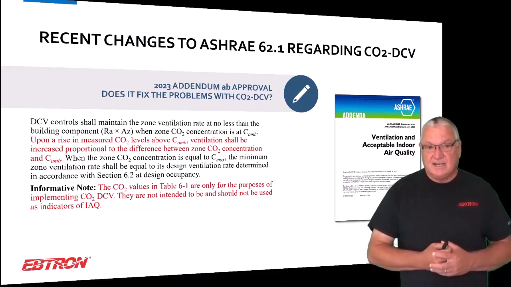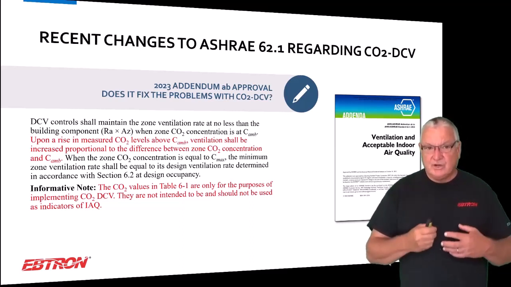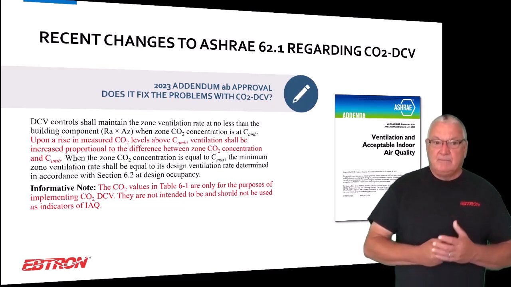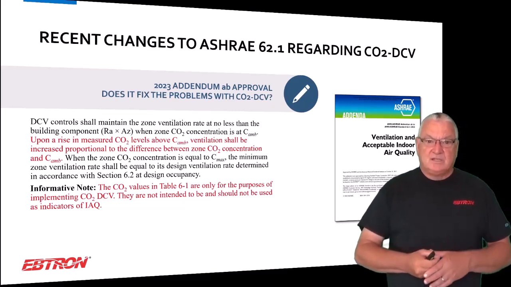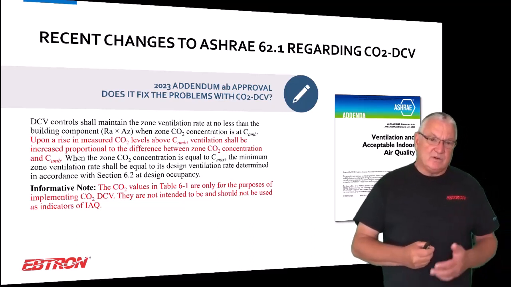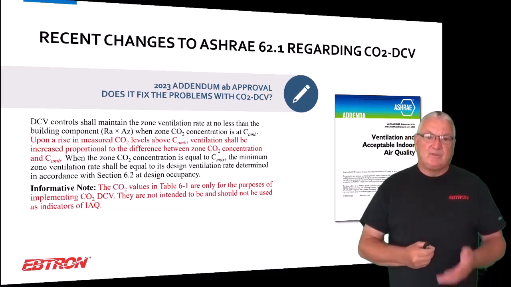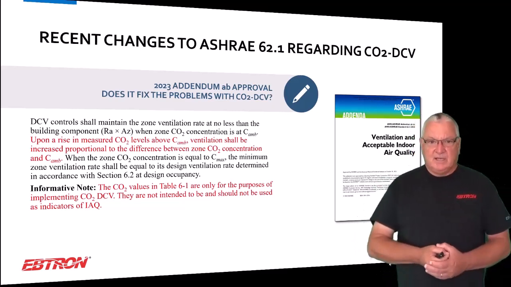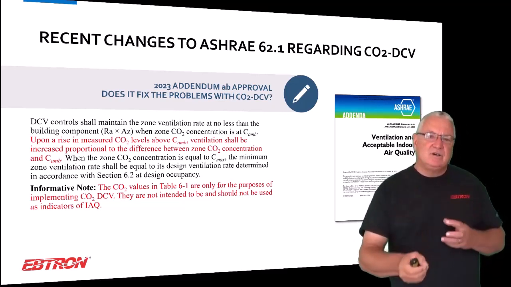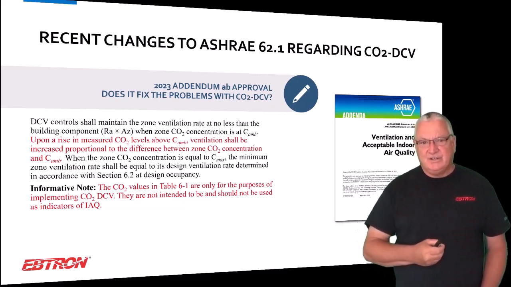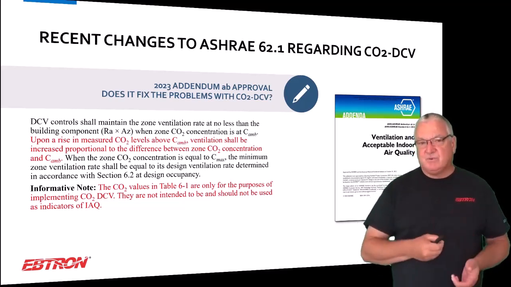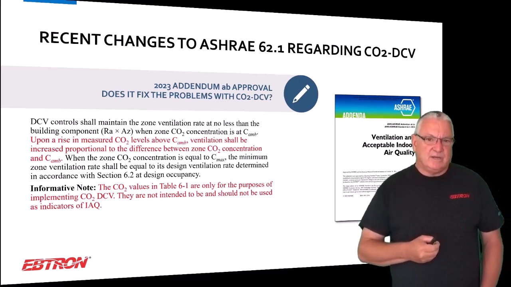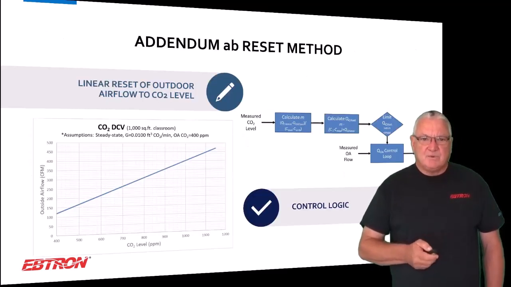It basically says that you're going to do a reset of the outside airflow rate based on the CO2 level, starting at the ambient or outdoor CO2 level up to what you expect the maximum design CO2 level to be. And it sounds good, and a lot of people involved with this bought into it because they're like, yeah, this sounds good, this is better than what we're doing. But there's a lot of problems with this, okay?